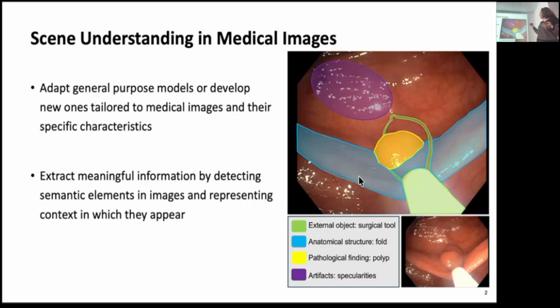So yeah, we've been working on creating or adapting more general purpose models and developing new ones, tailoring them specifically to the medical images, the endoscopy images, and the characteristics, the different elements that we can see in these images.